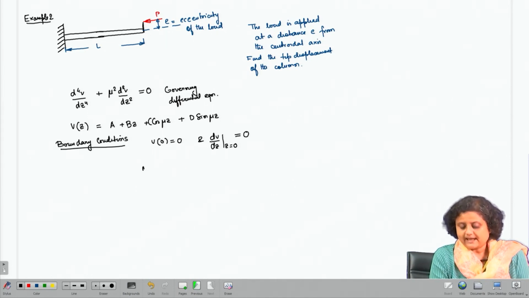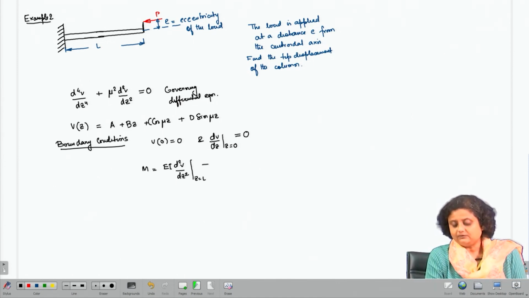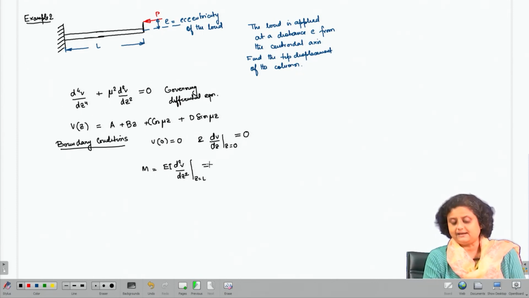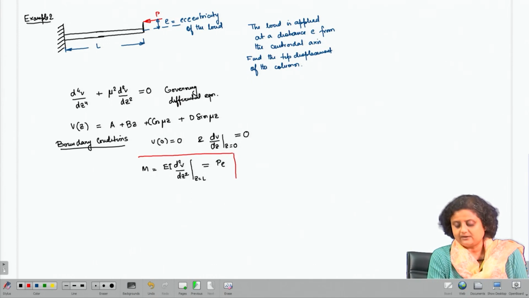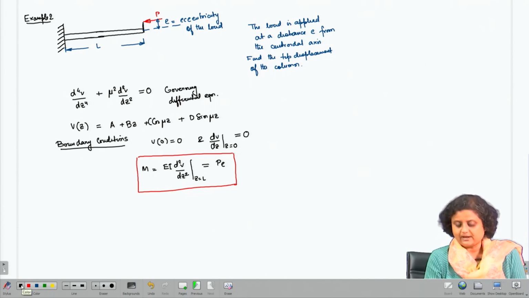And we say that the moment, EI d2v by dz square at z equals L, is no longer 0. That is going to be the moment produced by P due to the eccentricity E, so P into E. This is the most important change that we are going to see.